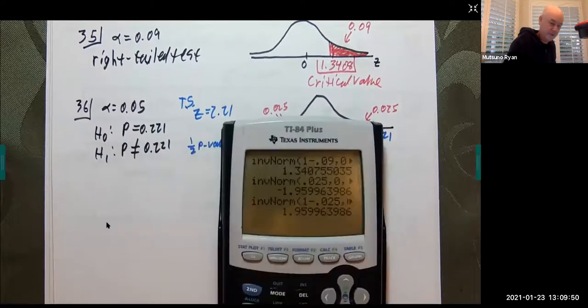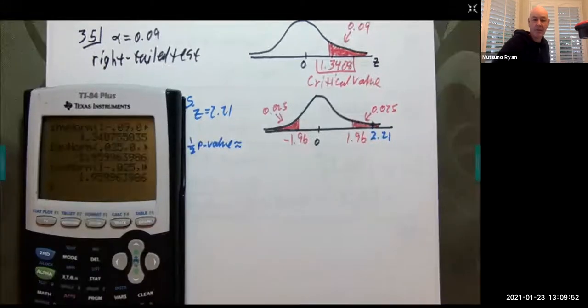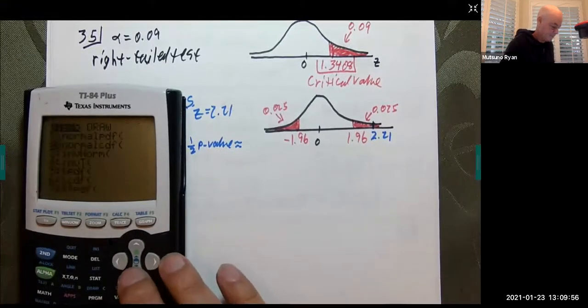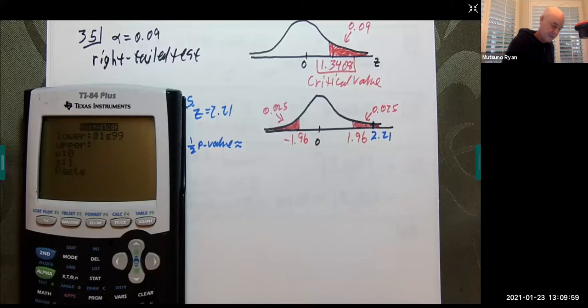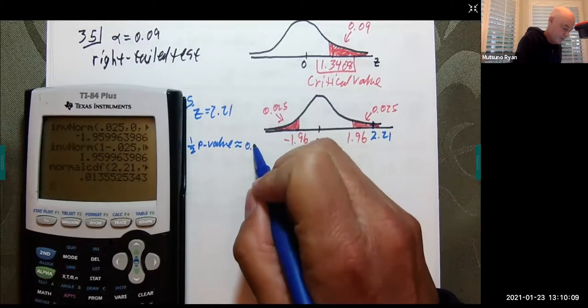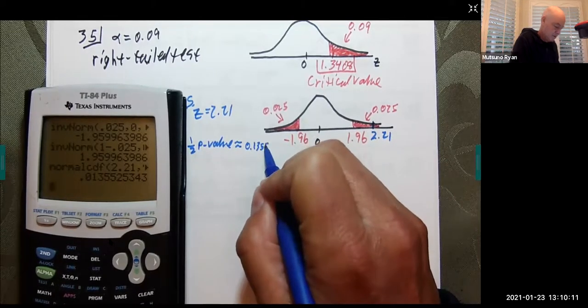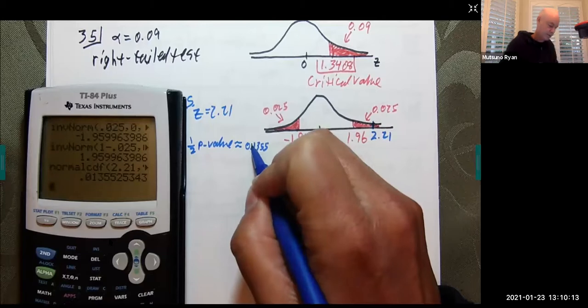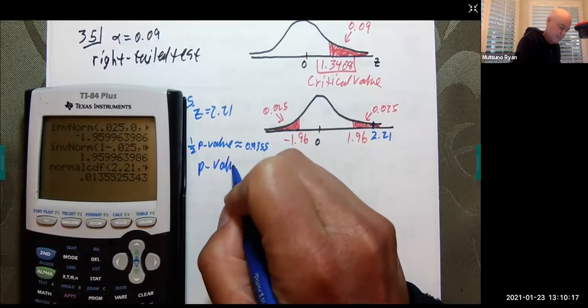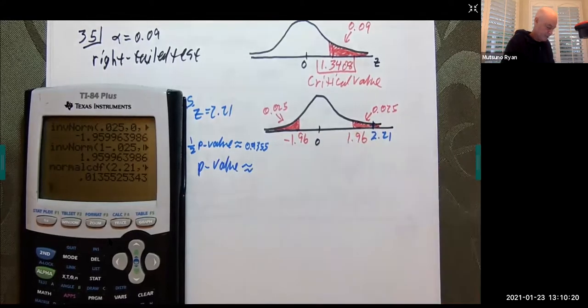I'm going to do norm CDF in this case. Here's the 2.21, the upper is just some big number. This is only half my p-value. Oops, I'm missing the 0 in there. So to find the p-value, I'm literally going to double this, times 2.